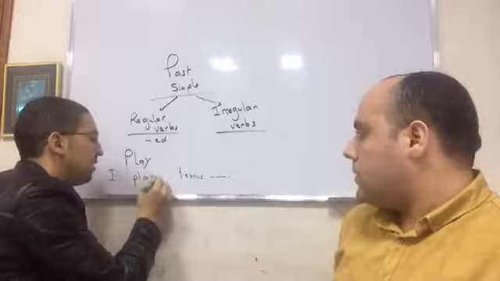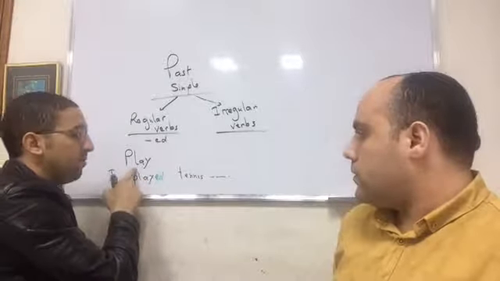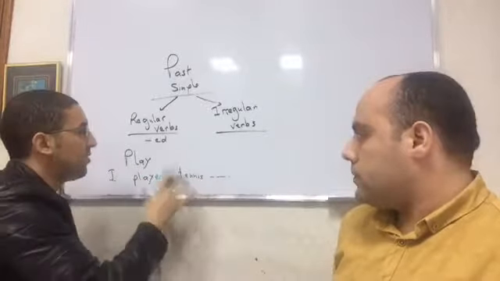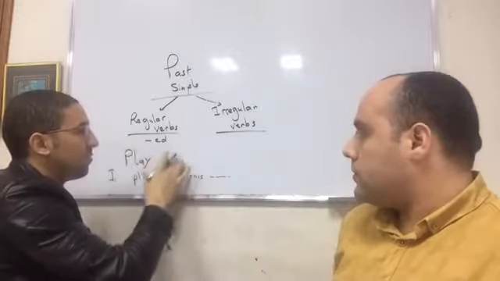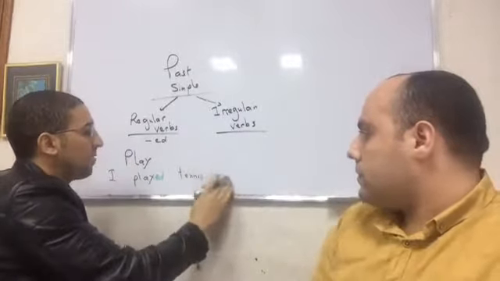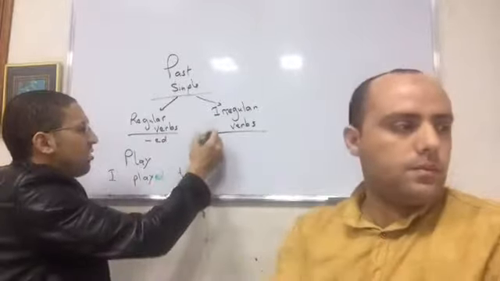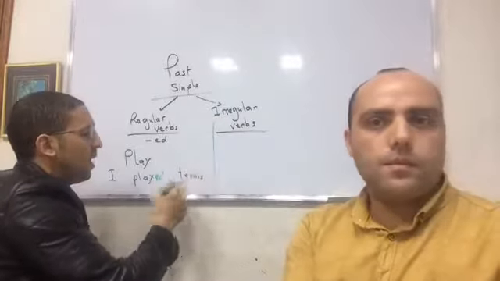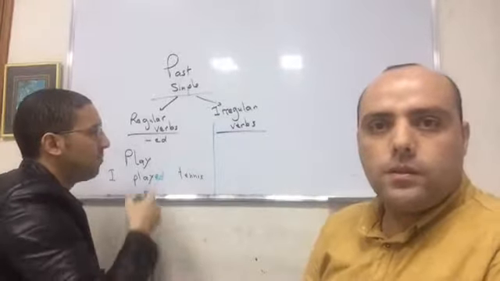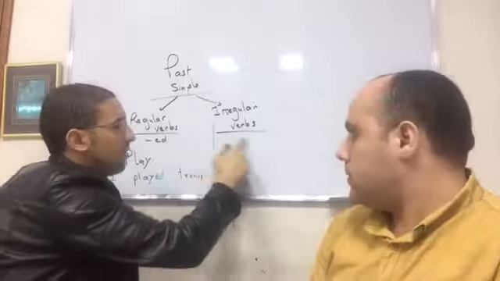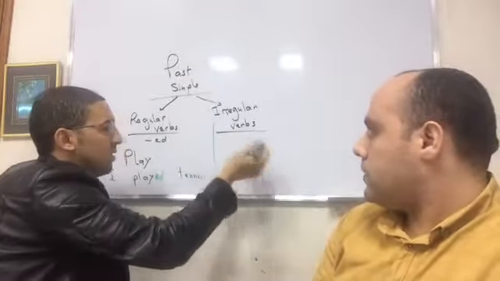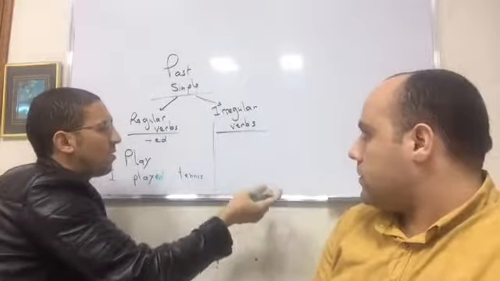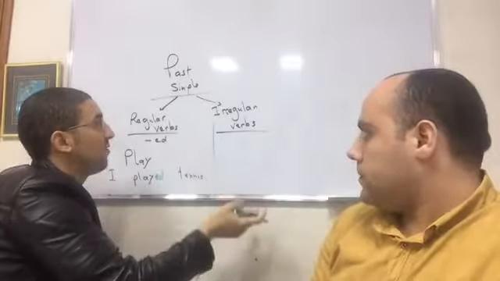Play is a regular verb. We don't have a problem with these verbs. They are the majority of verbs in English, and we have no problem with them. But irregular verbs are the problem that students have with the present perfect.